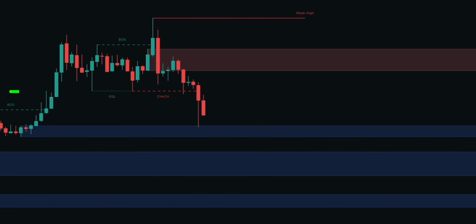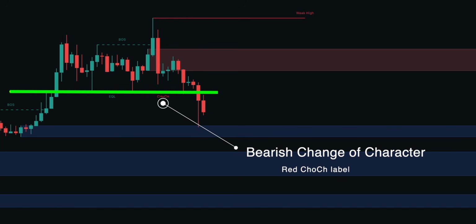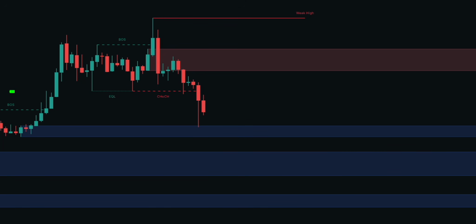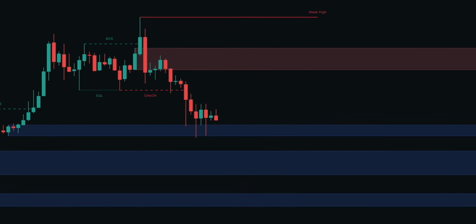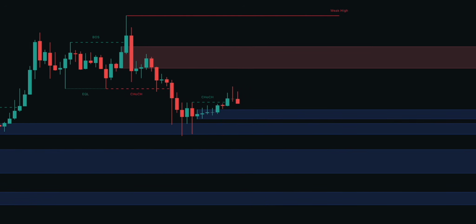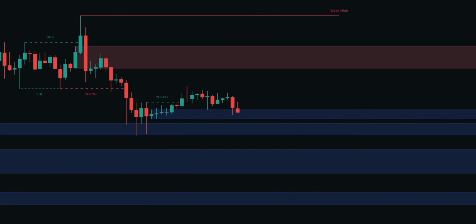When the price breaks below the most recent swing low for the first time, a bearish change of character label will be printed. This signifies a change in the trend. However, a bearish trend is not confirmed until the price forms a new low for the second time. That's why in a ranging market you will often see a constant change of character.